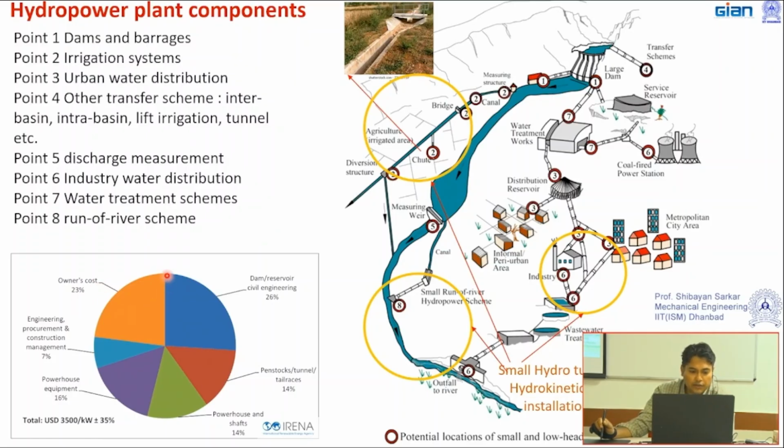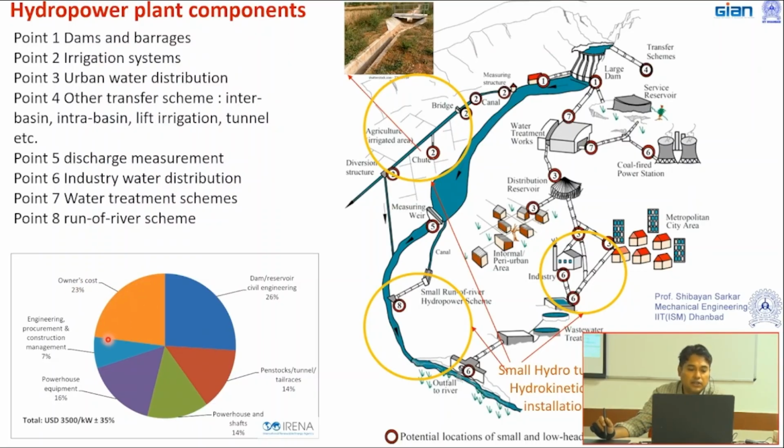Along with this, this pie chart I have taken from IRENA, and it gives you a hint of how much cost is required to install a hydropower plant, because whenever we deal with any energy generation system, cost is very important.